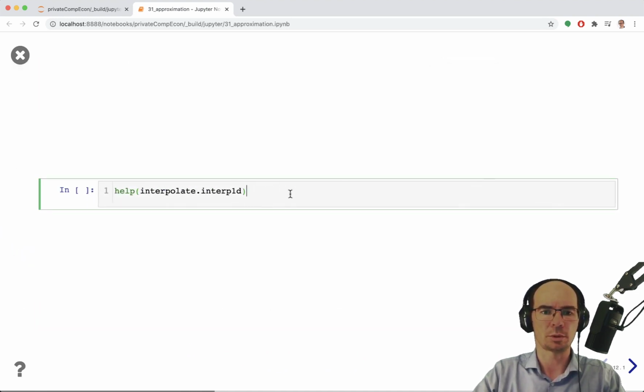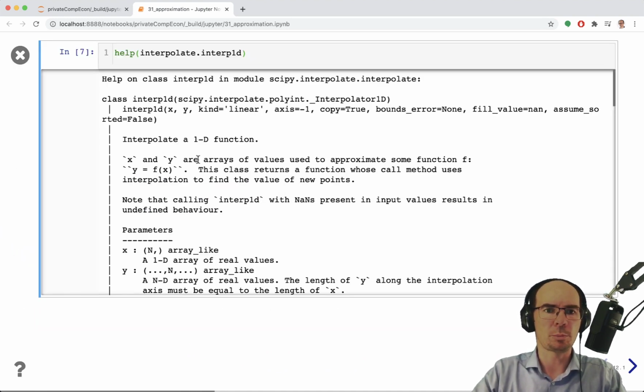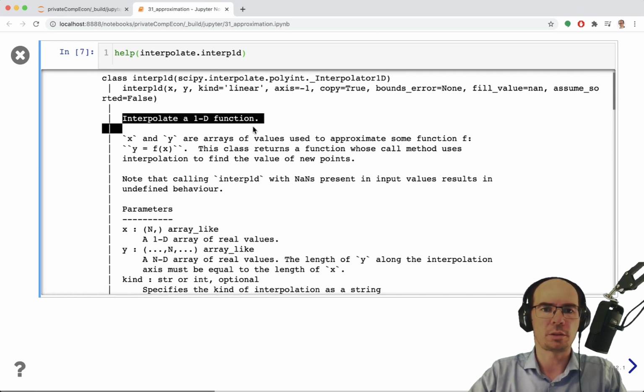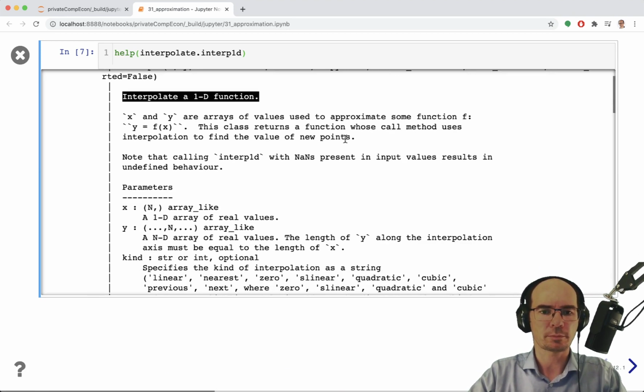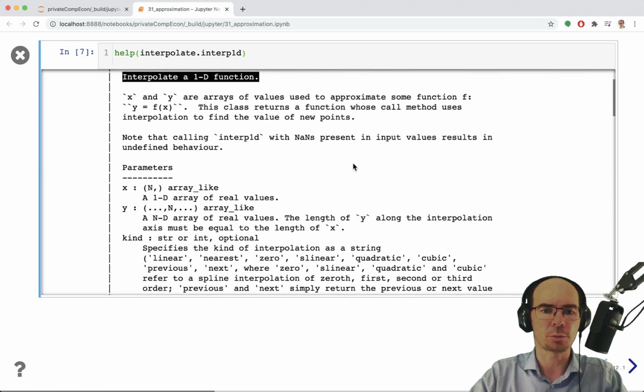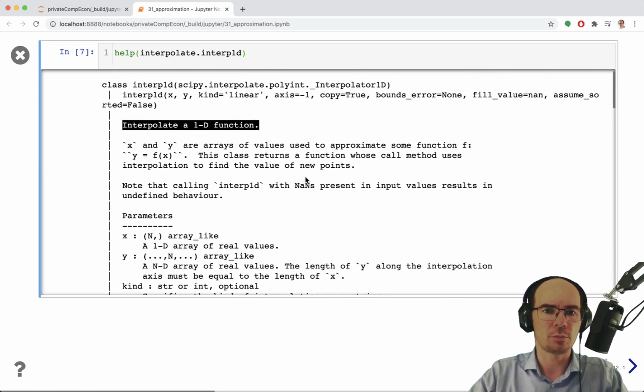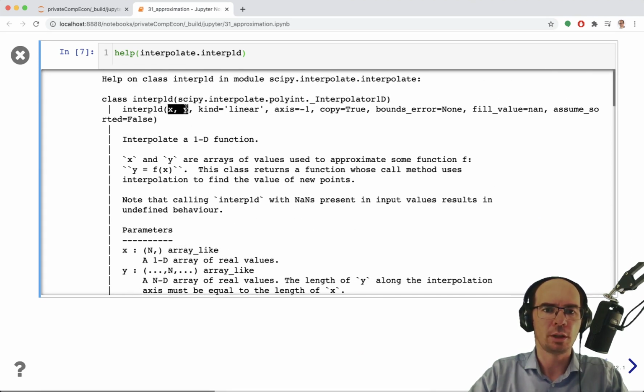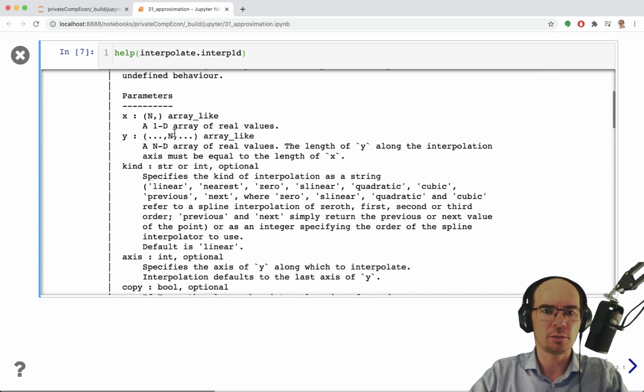So let's look at the help of this function. Well, you can see that this is a class to interpolate one-dimensional functions. What are important things to note here? Well, this x and y are the data for the interpolation.